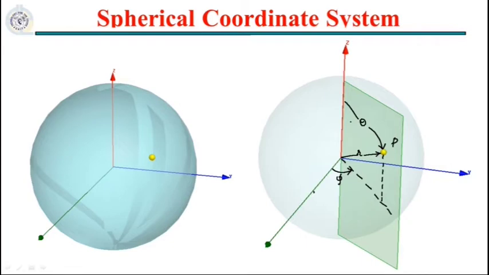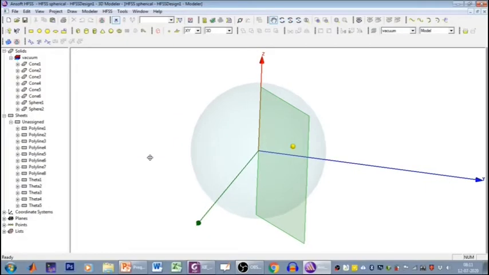I'll talk more about theta so that I can give you a clear understanding of it. But right now, understand that to define a point in the spherical coordinate system, you need r, theta, and phi. These are the three parameters.